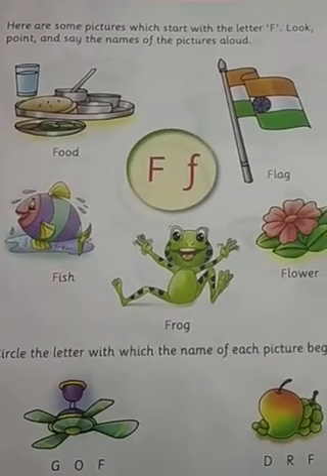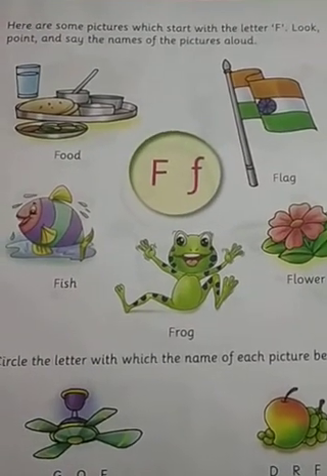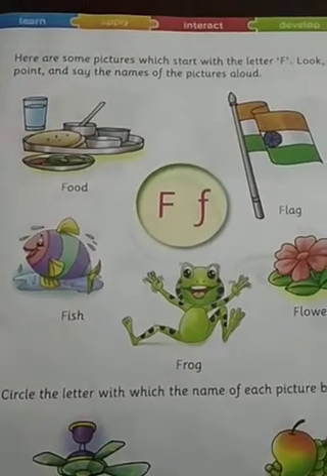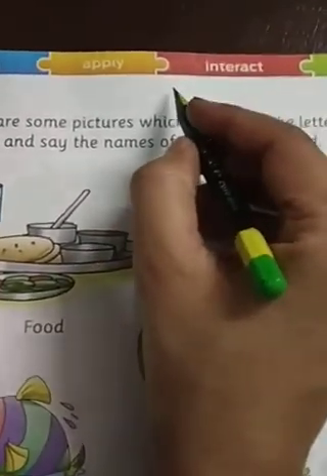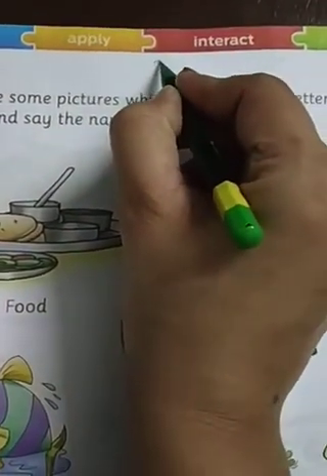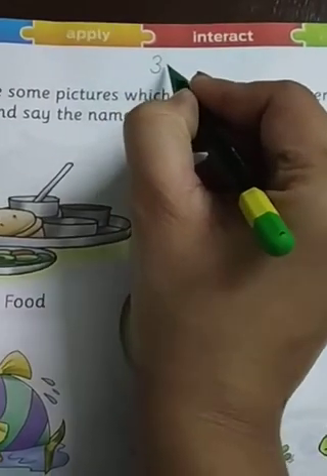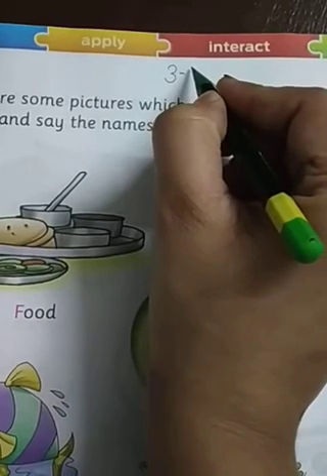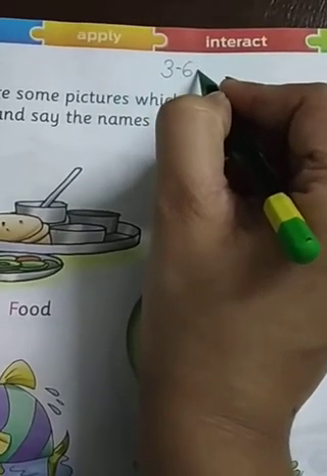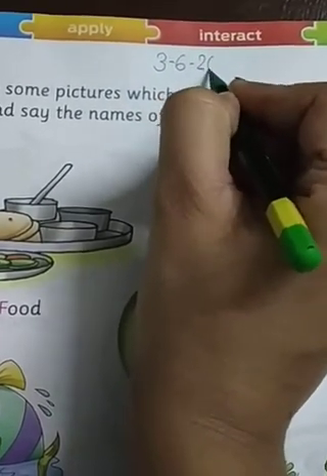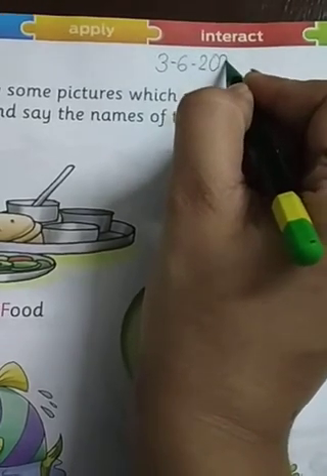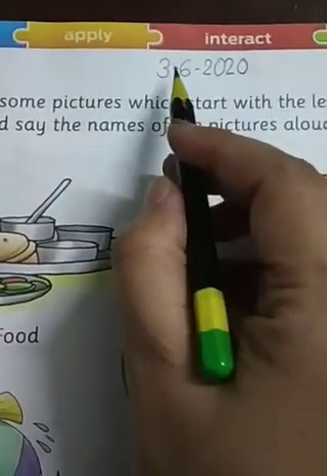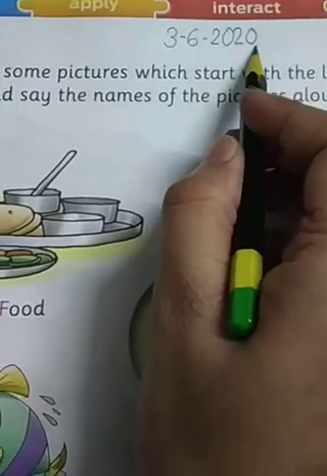As you all know, before beginning any topic, we write down the date first. So let's write the date on the top. As today is 3, write down 3, then make a hyphen, then write 6, again a hyphen, and then 2020.